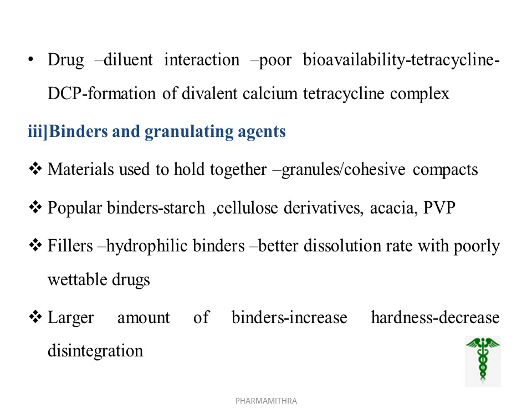The third excipient is the binders and granulating agent. Binders are the materials which are used to hold the powder together to form the granule. That is, to form a granule, or to produce granules or compact, or to form a compressible material, we have to add binders and granulating agent.